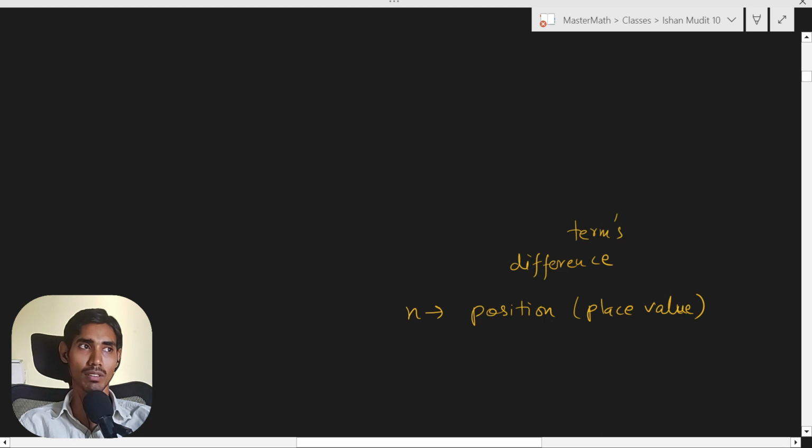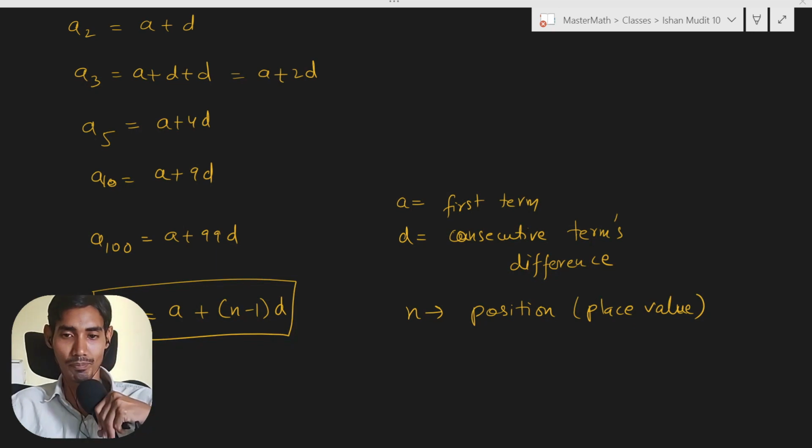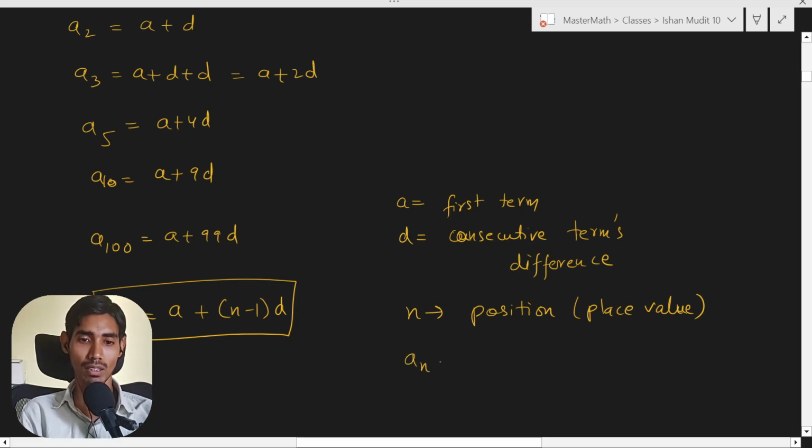So suppose we discussed, na, fourth place, what was sitting? 15. 15 was sitting at the fourth place. So N is 4 and A4 was 15. It's uploading. Maybe some net issue. So N is the position or the place value, and AN is the term itself.